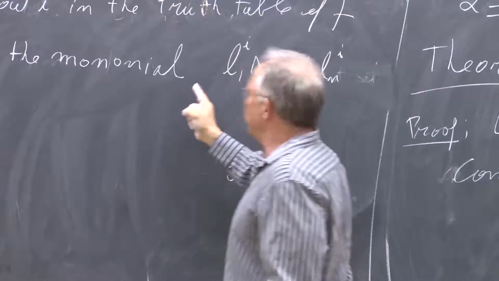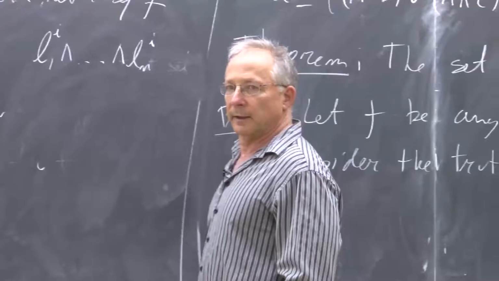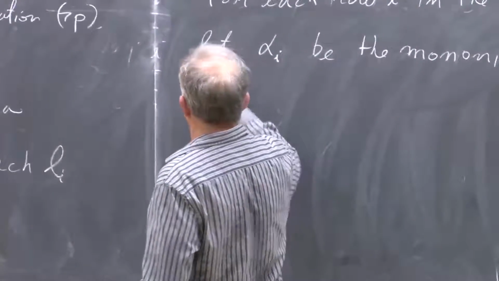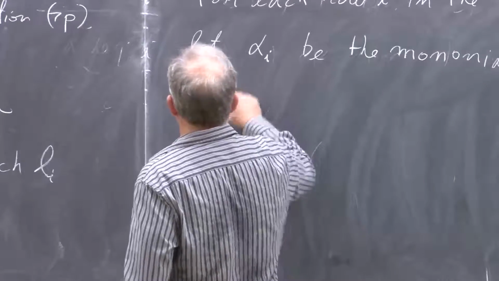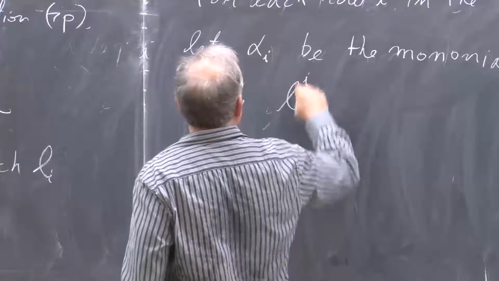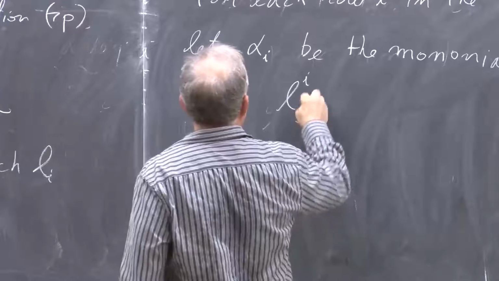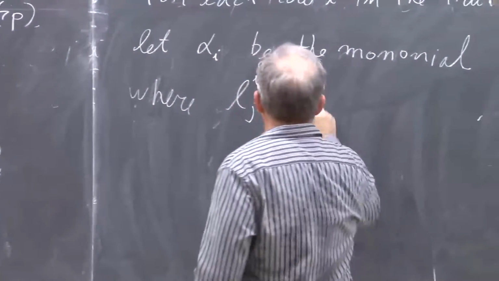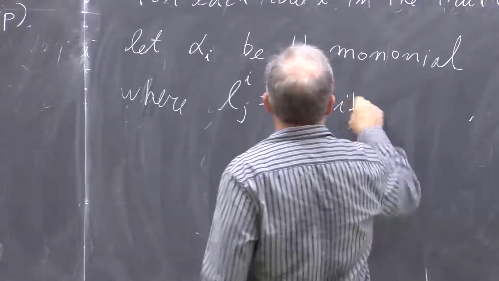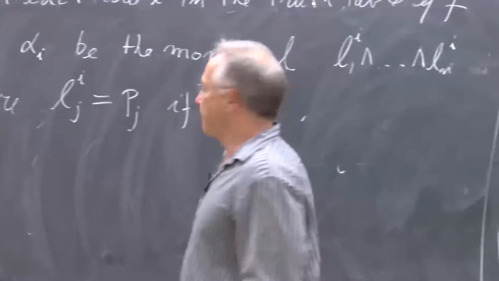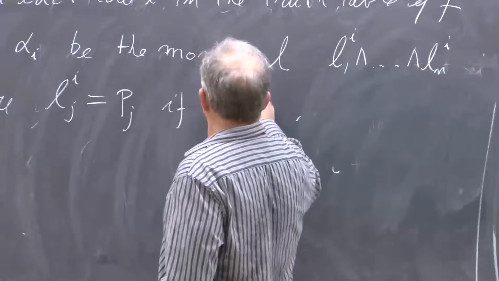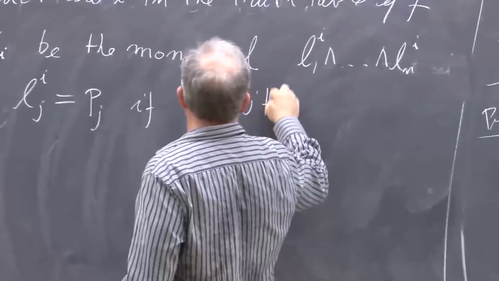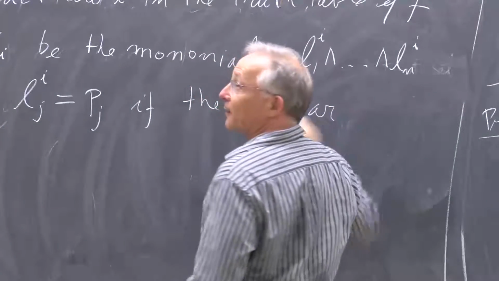It's the ith row, and we have n literals, where Lij is equal to pj if the j's variable in the ith row gets value t, and not pj otherwise.